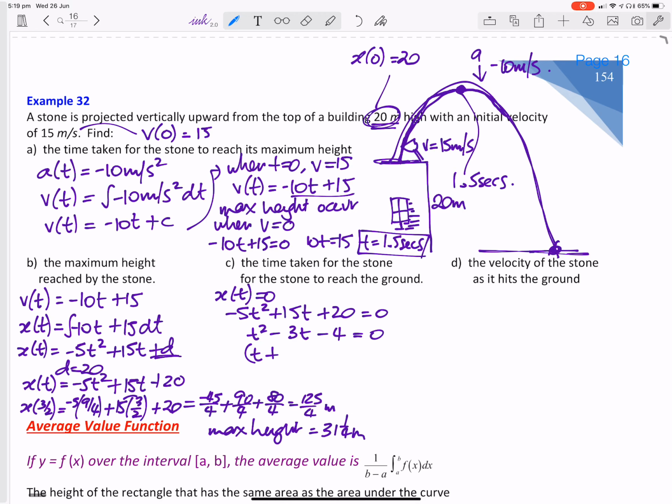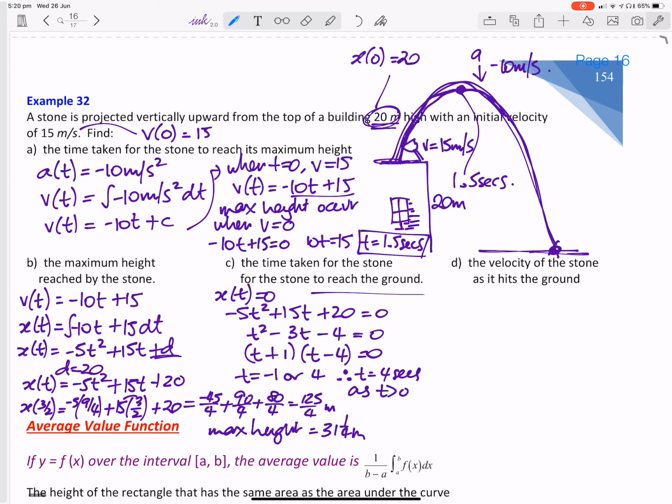T plus 1, t minus 4 is 0. So t equals negative 1 or 4. Therefore, t equals 4 as t is greater than 0. So at 4 seconds, that's when the stone hits the ground.